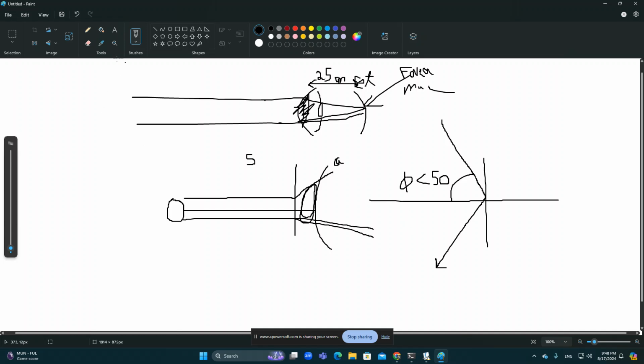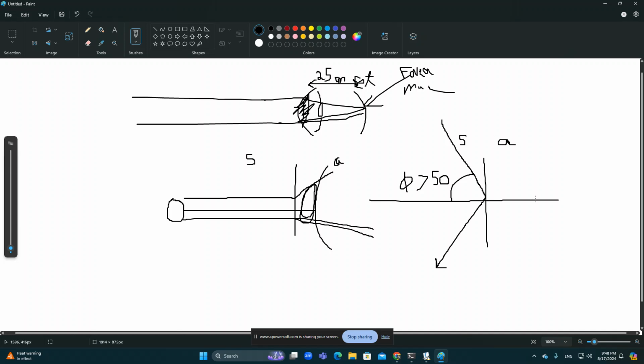So, if my theta is bigger than 50 degrees, and here's the sea and here's the air inside the glasses of the diver, the light will go back and not get inside.